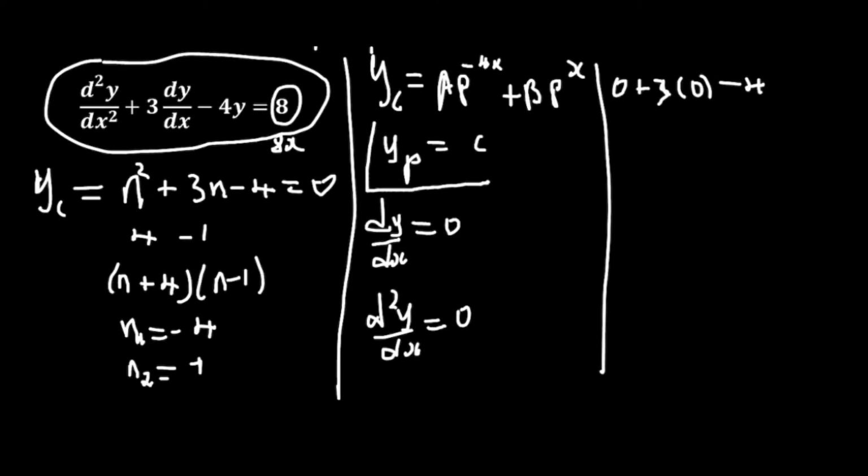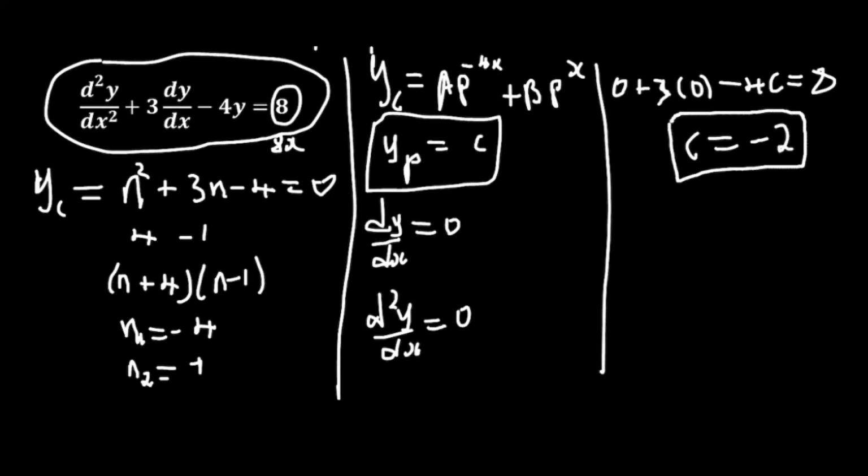From here our y is c, therefore we're going to have minus 4c equal to 8. So clearly we see that our c is minus 2. Therefore our particular solution, y particular, will simply be minus 2.